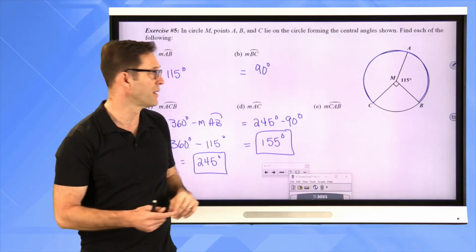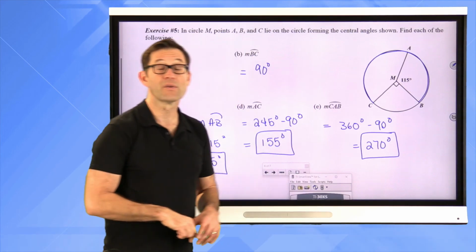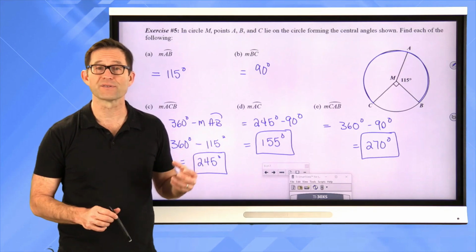And I think that's what I'm going to go with. So arc CAB is 360 degrees minus 90 degrees, which is 270 degrees.